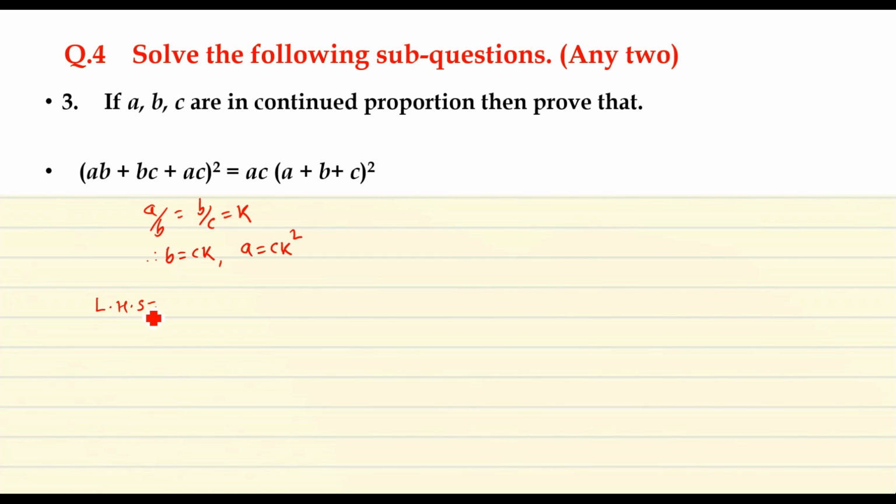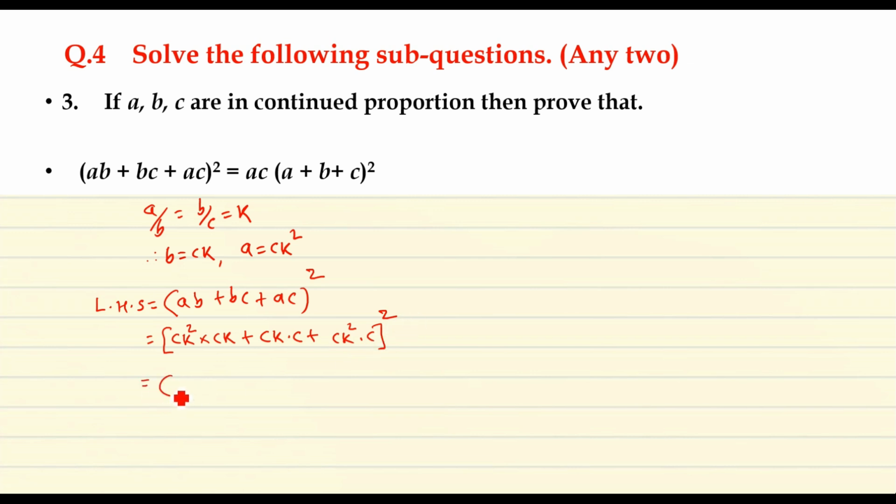So if you take the LHS, we have ab plus bc plus ac whole square. So what is your a? a is ck square multiplied by b, b is ck, b is ck into c, a is ck square into c, its whole square.